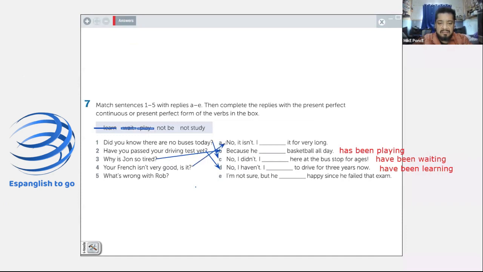And the answer is A. No, I haven't been studying it for a very long. Oh my God. Perfect. Well, and the last one is number 5, guys.